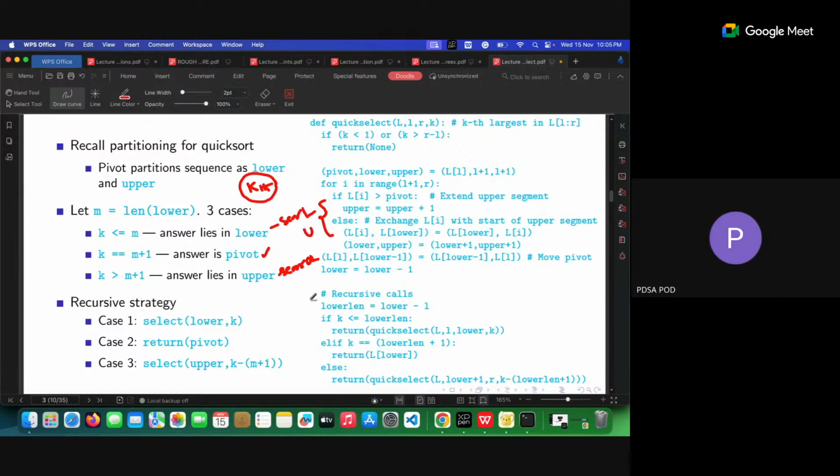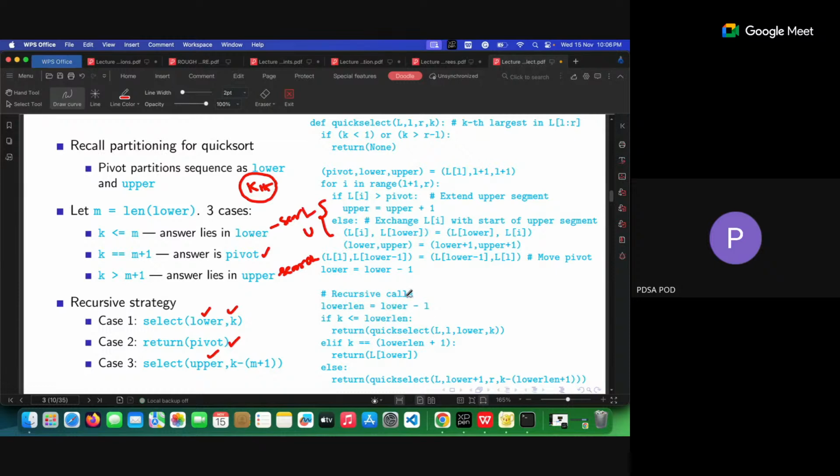The recursion calls select the lower part with k, or the pivot element and the upper part with k minus (m plus 1). So we go to the upper part, the right side.